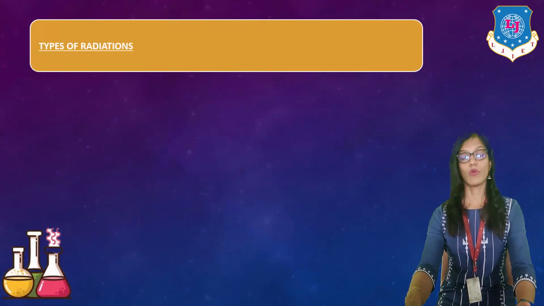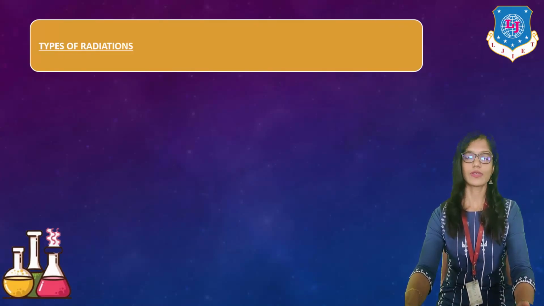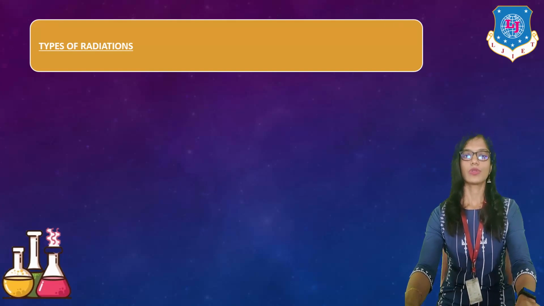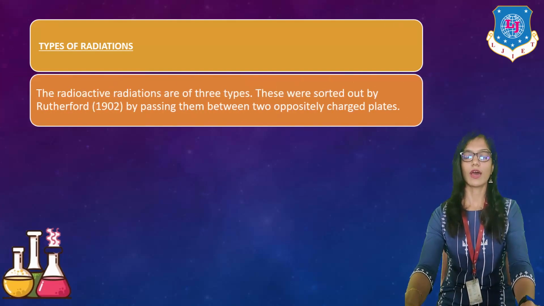Now let's move ahead to the types of radiations. The radioactive radiations are of three types. These were sorted out by Rutherford in 1902 by passing them between two oppositely charged plates. Rutherford passed these radiations between the two oppositely charged plates.